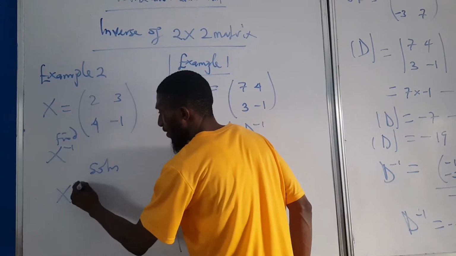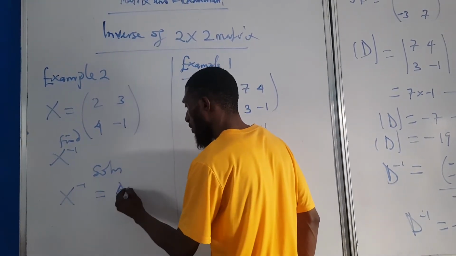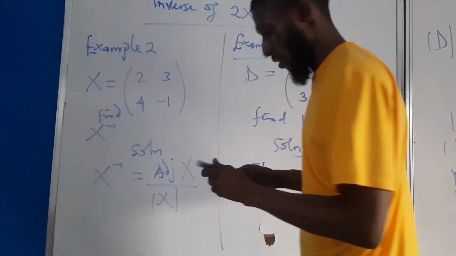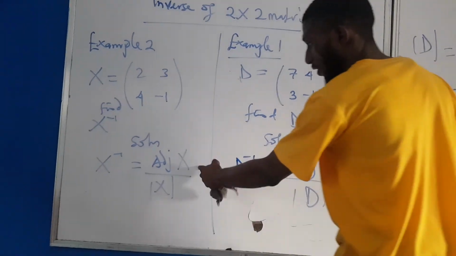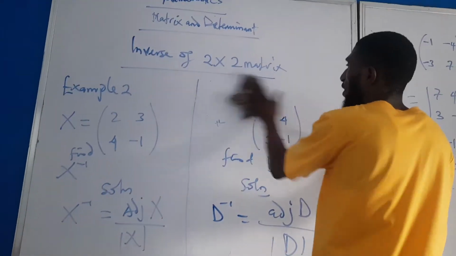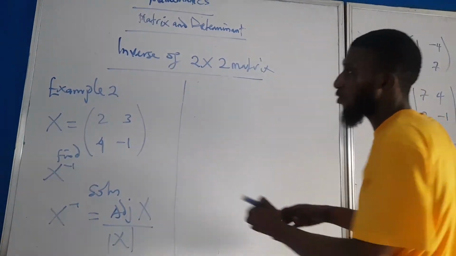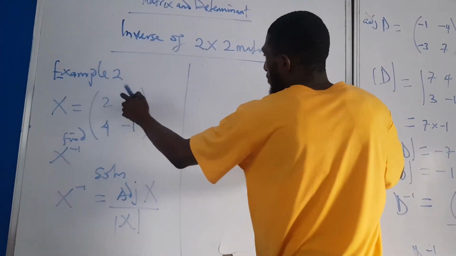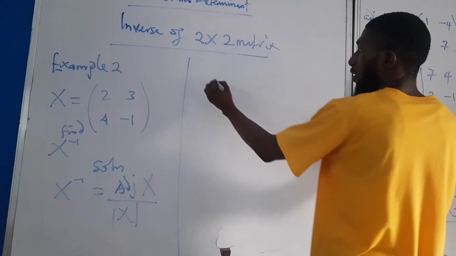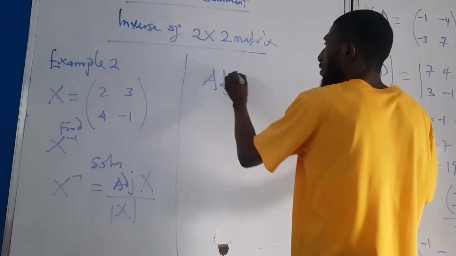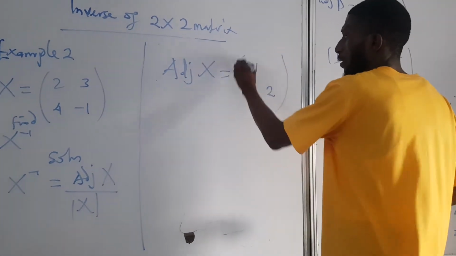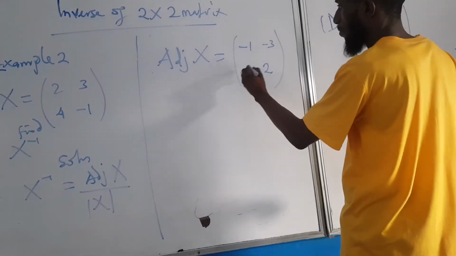Remember that X inverse is the same thing as adjoint X over determinant of X. As a result of that, we need adjoint X and we need the determinant of X. The adjoint X, remember this is a 2 by 2 matrix. Just change the principal diagonal and change the sign of the ordinary diagonal. Then adjoint X equals minus 1, 2, then minus 3, minus 4.